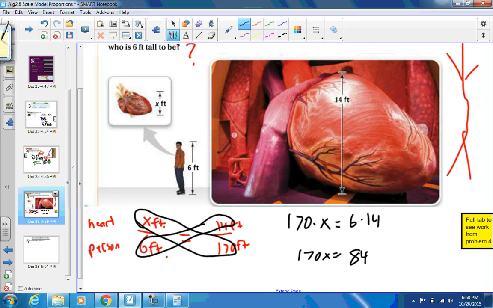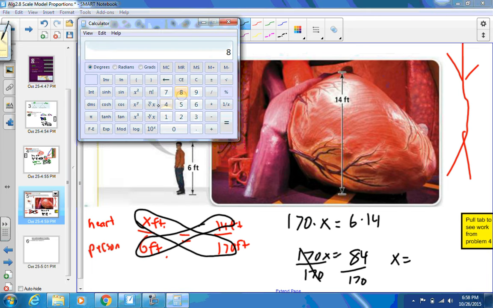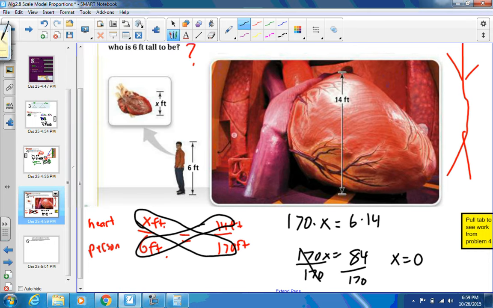All right, so we have a one-step equation that we can solve by dividing by 170. And you end up with x is equal to 84 divided by 170. I know it seems weird, but 84 divided by 170 is probably going to be a little under a half. So we'll round it to 0.5 feet.